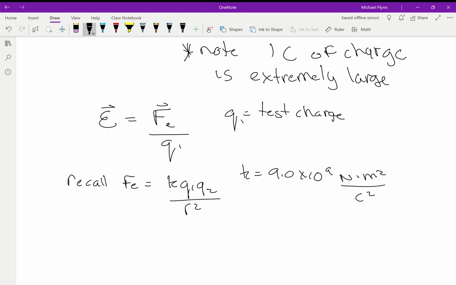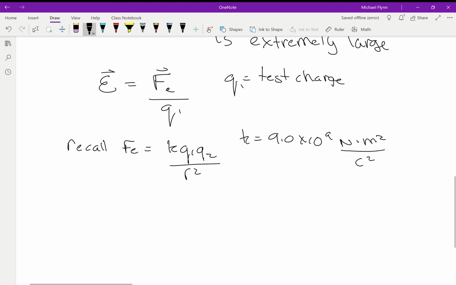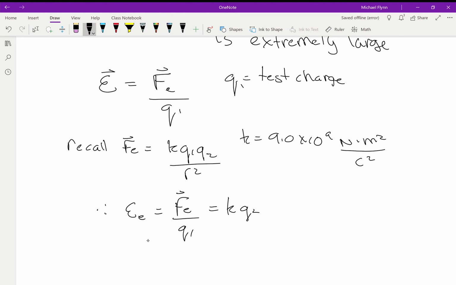That's your electric field constant. And this is a vector too. Then the electric field intensity is going to equal this expression divided by Q1. So it's Fe over Q1, by definition, where Q1 is your test charge, so that's going to divide out, and you end up just getting K Q2 over R squared.